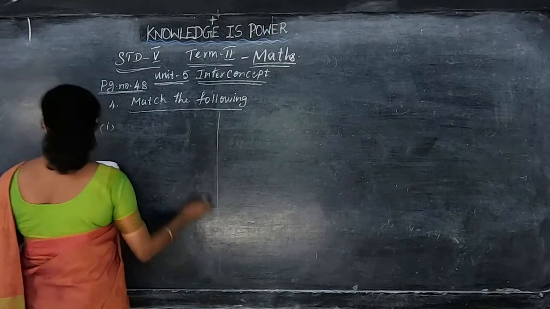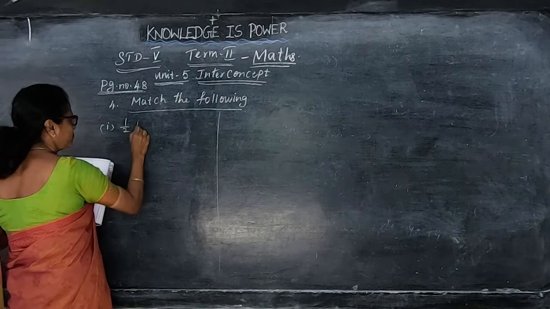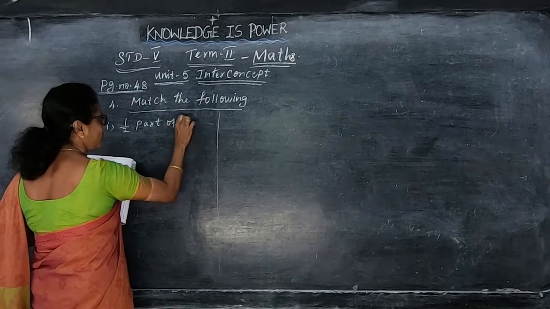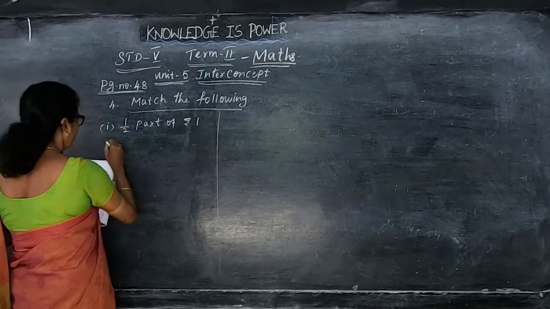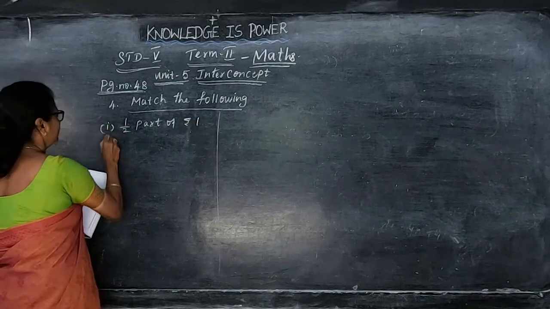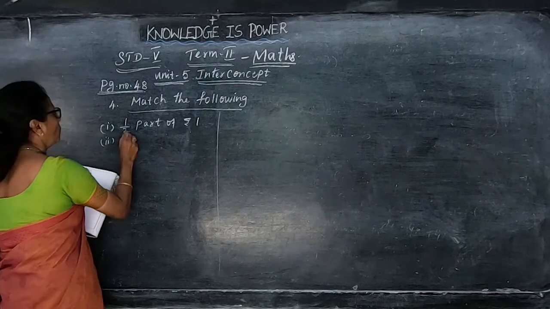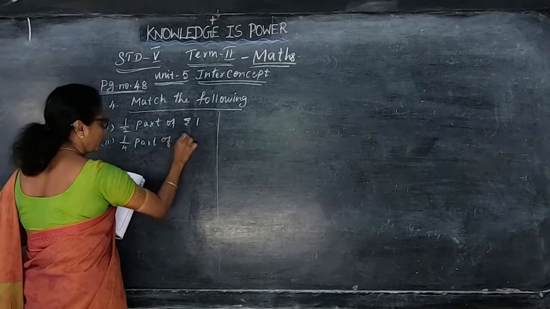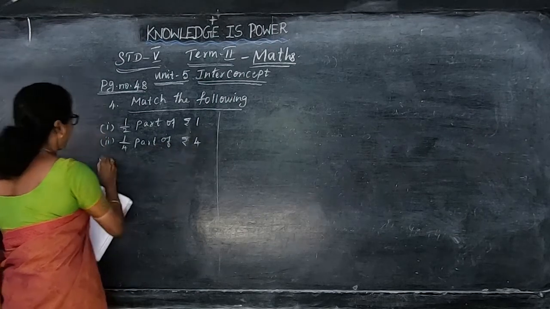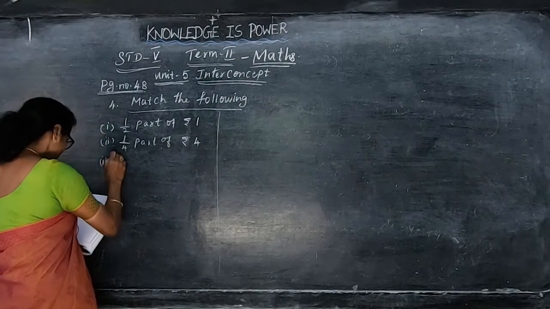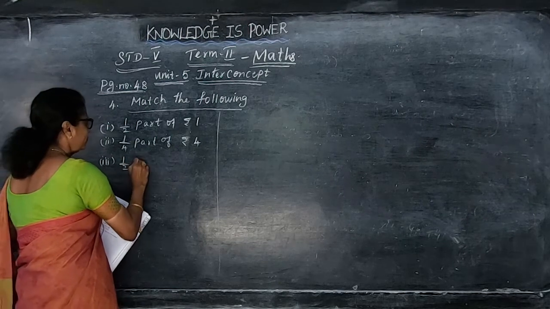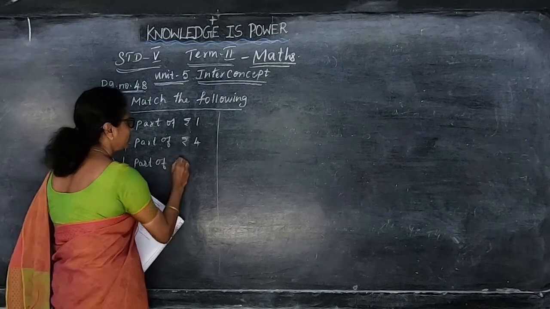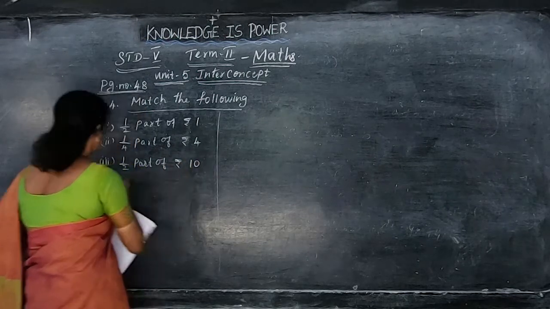So first I'll write the question. Half part of rupees 1. Then second one, 1 by 4 part of rupees 4. Then third one, 1 by 2 part of rupees 10.